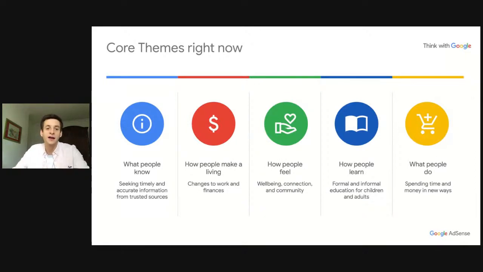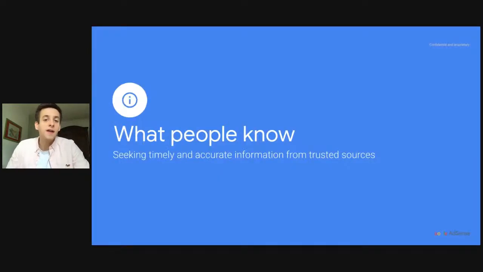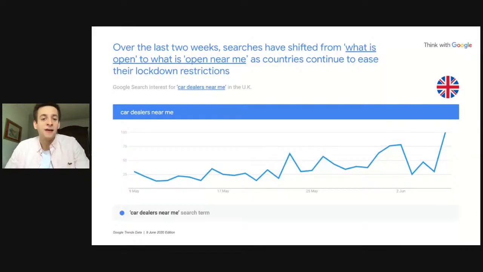So if we look at the situation today, in the UK, over the last 2 weeks, people have really been searching what is open near me, rather than what is open in general, because of course, most of the world has been under lockdown over the last few weeks, but now things are opening up, but people still don't want to go too far. So they really look for something that is in their proximity.